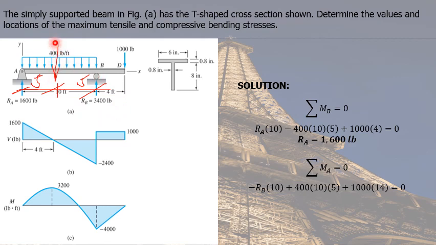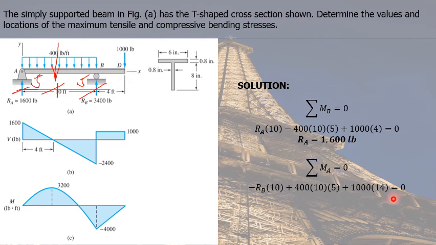And it tends to rotate clockwise about point A, hence positive, and its perpendicular distance from point A is 5 feet. And for the concentrated load of 1,000 pounds, it also tends to rotate clockwise about point A, hence positive, and its perpendicular distance from point A is 14 feet.